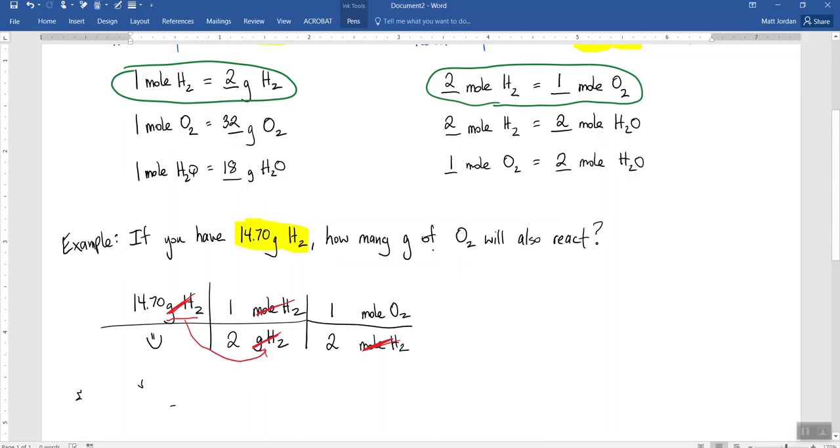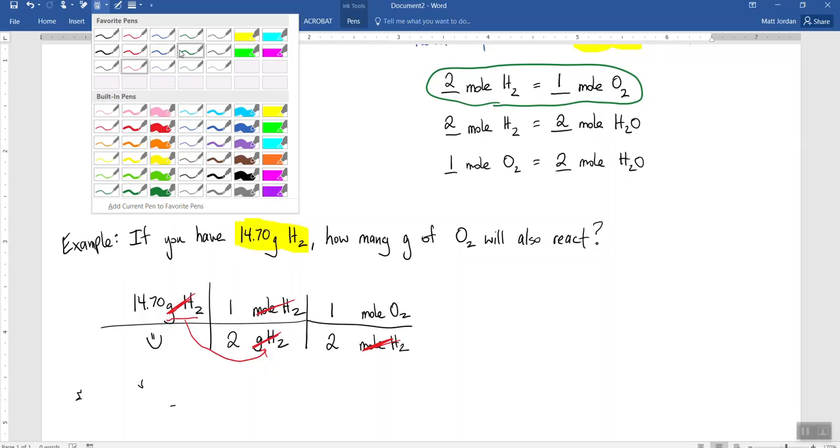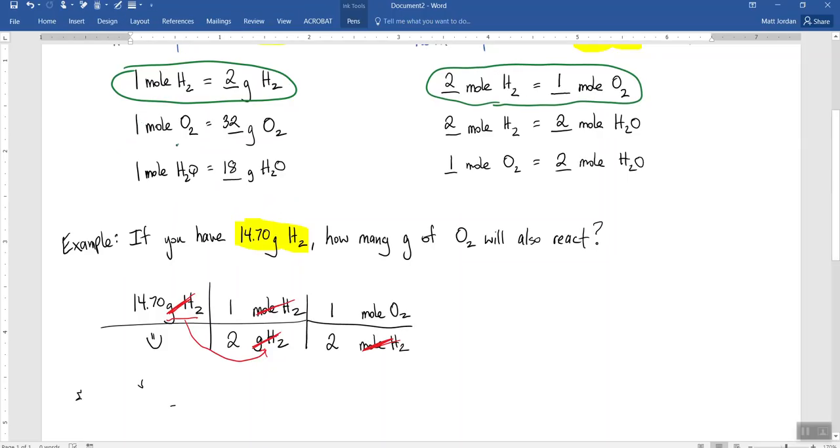Well, we want grams of O2. This is where we come over here. We have moles of O2, which is the unit we have right now, and there's an equality between moles of O2 and grams of O2. So we're going to add another T-table. Moles of O2 comes down, and the unit we're going to finish with is grams of O2.